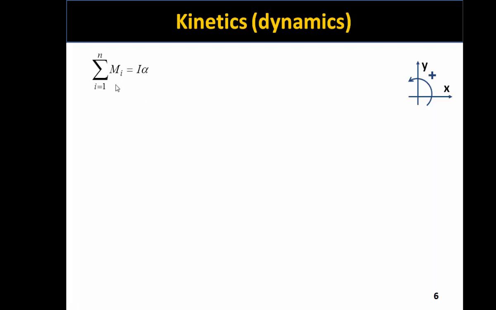So what you want to do here, I jumped the gun a little bit, but pause the video, collect up all of your forces that have non-zero moment arms, and you have to collect up the forces that are expressed in x and or y, and then couple that with the kinematic term on the right hand side from your kinetic diagram.